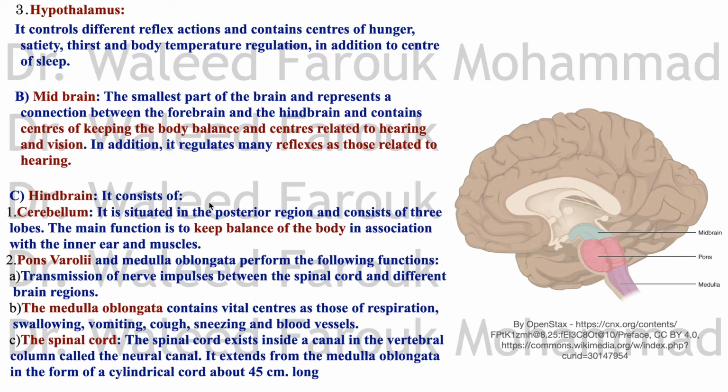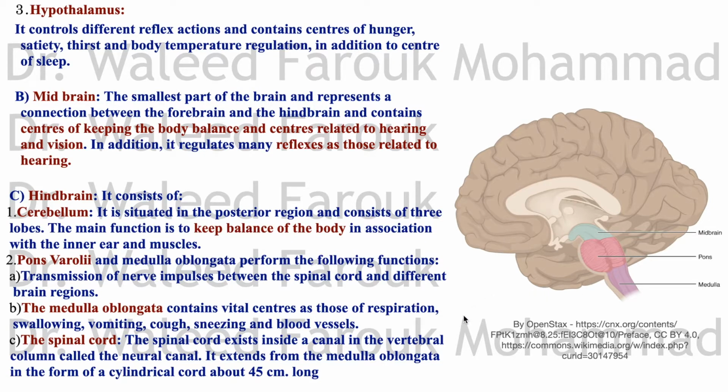البونز فارولي and ميدالا، يعني البونز فارولي and ميدالا اوبلانجاتا بيعملوا بقى ايه؟ transmission of nerve impulses between the spinal cord and different brain regions. يعني الحاجات اللي جايه من السباينال كورد كلها بتطلع من خلال الميدالا والبونز.